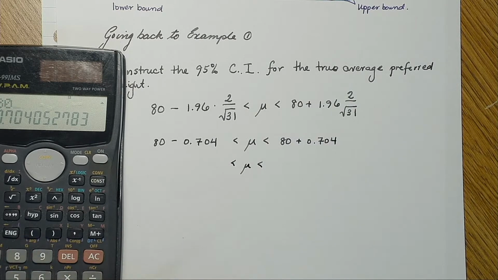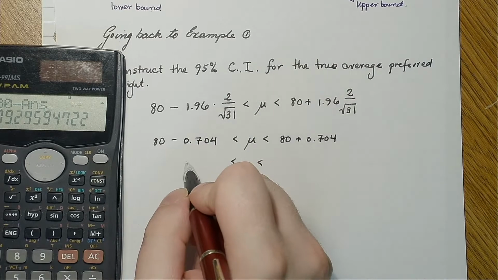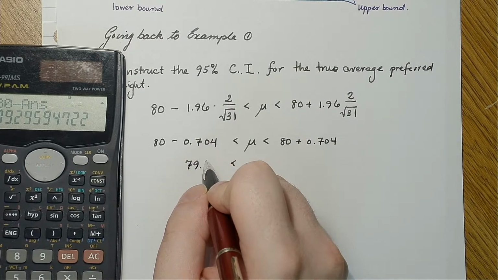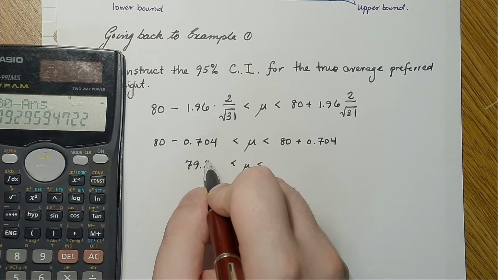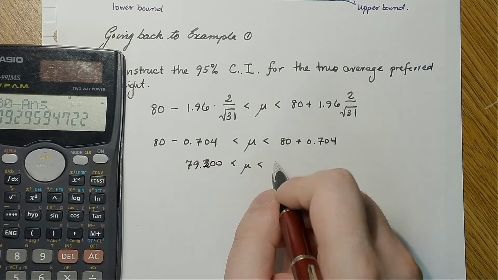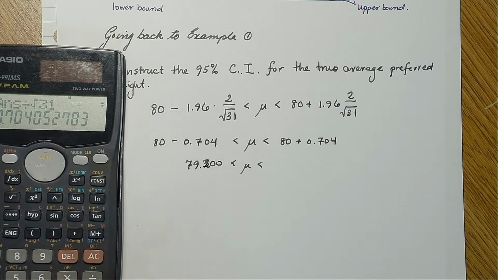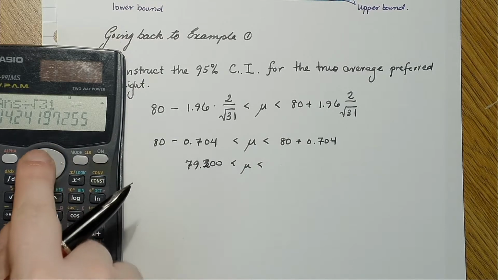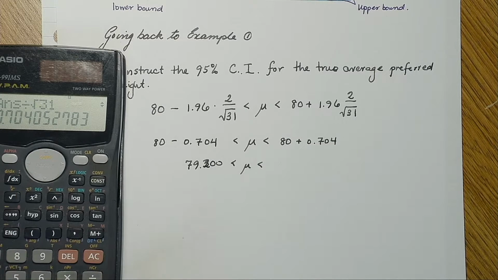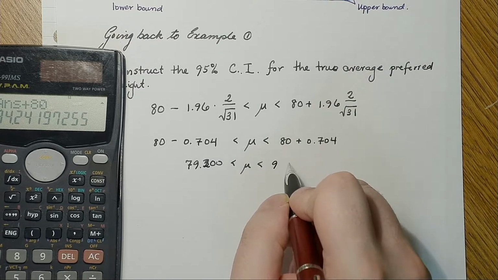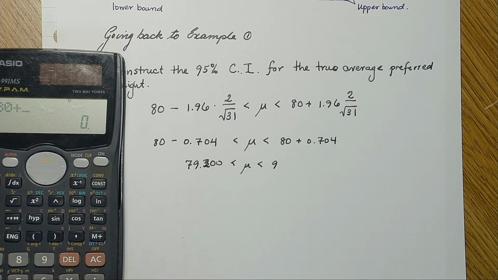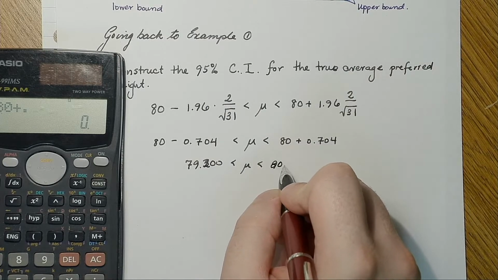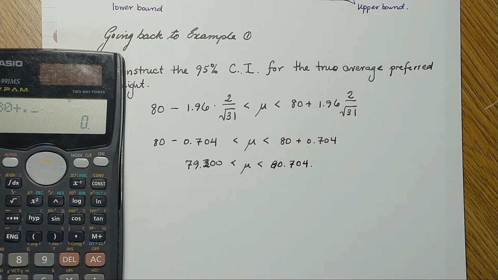If I take 80 and subtract that, I get 79.3. And over here, I want that answer plus 80. Nope, that's not right. 80 plus point. There we go.